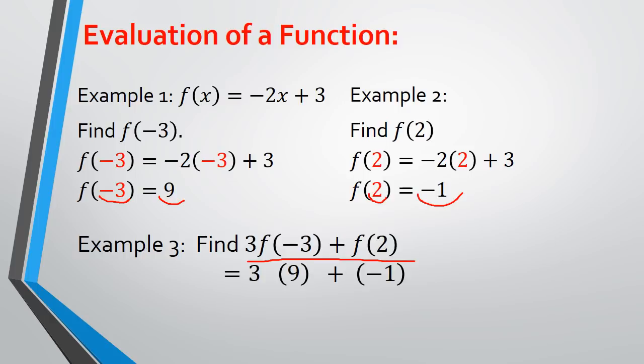And to do that, all I need to do is to substitute f(-3) with the output of -3, which we got before in example 1, which is 9, and to switch f(2) with the output of 2, which is the answer we got in example 2, which is -1. Now 3 times 9 plus -1 is just 26.